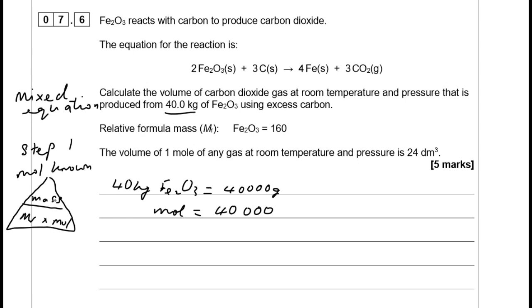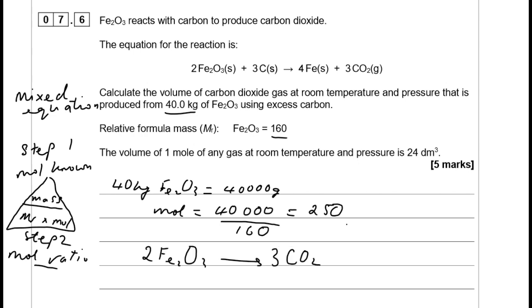So now we've got our mass, we use moles is the mass divided by the Mr. So the moles is 40,000 divided by 160. That's 250 moles of Fe2O3.